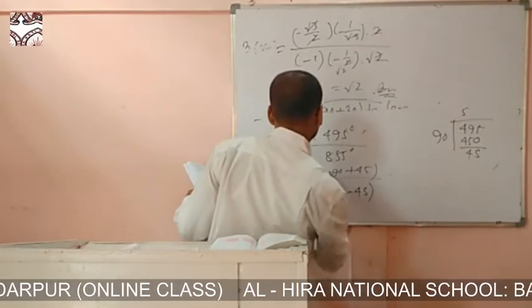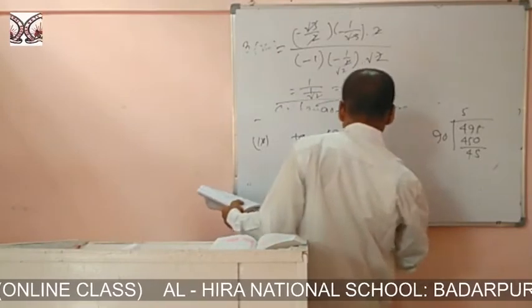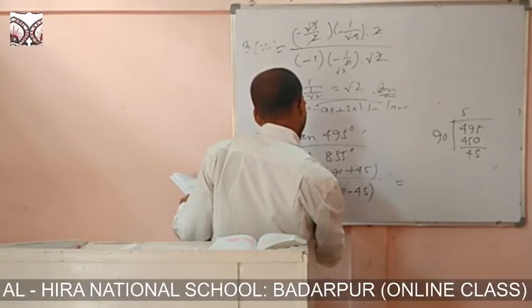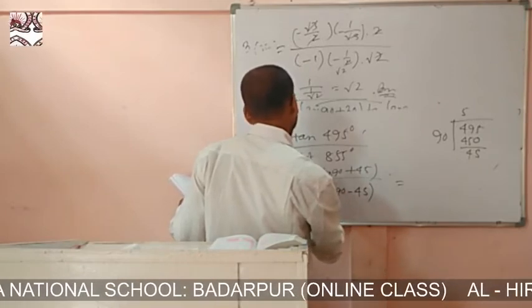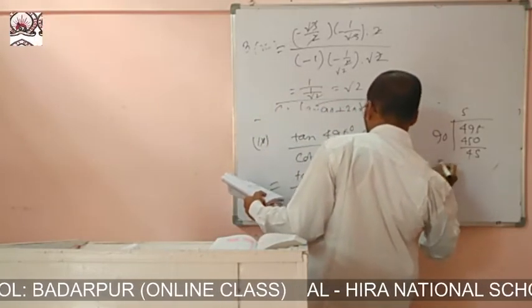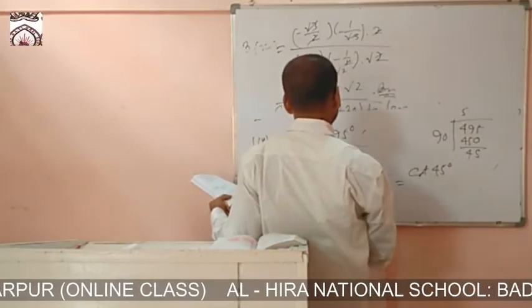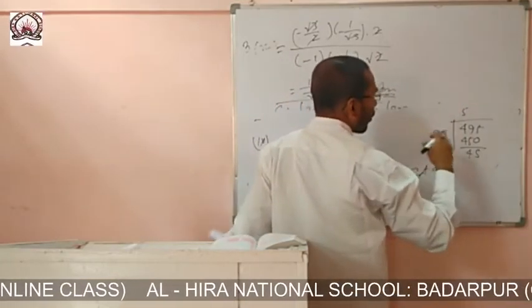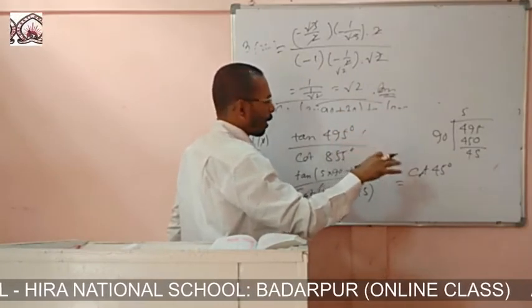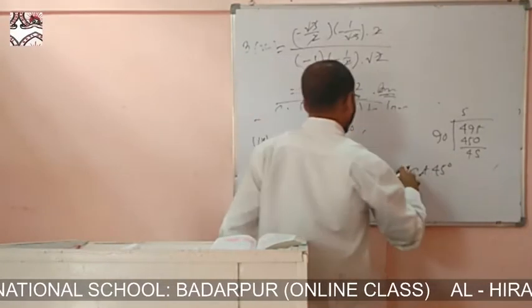So this first one is an odd multiple. So for an odd multiple, tan will become cot 45, and 5 into 90, first round 4 will be one round finished, then 5, and 5 into 90 is second quadrant.